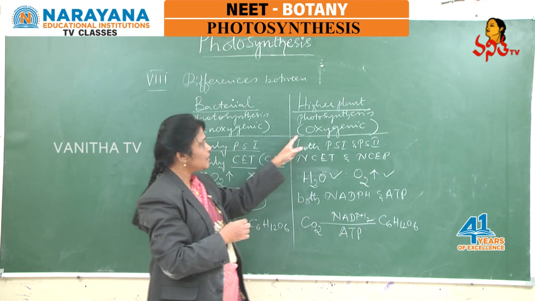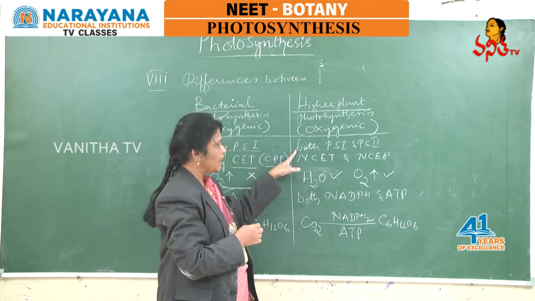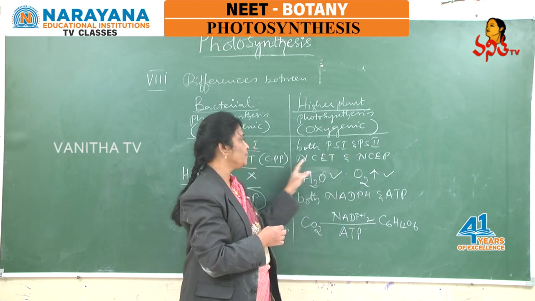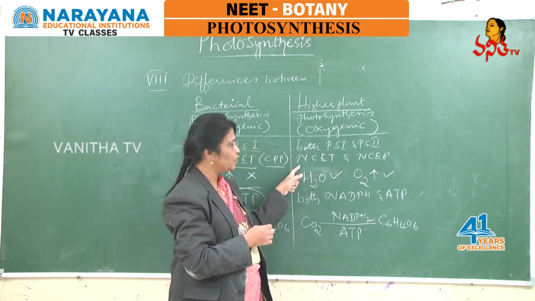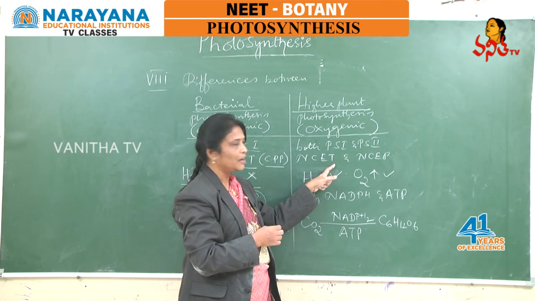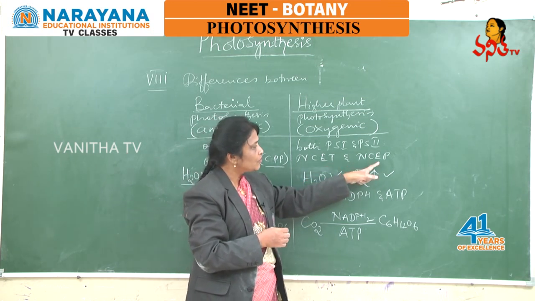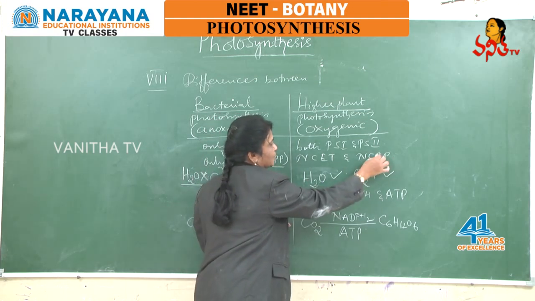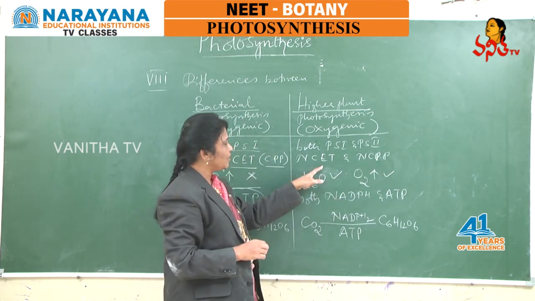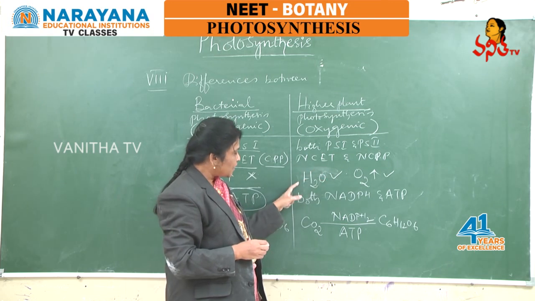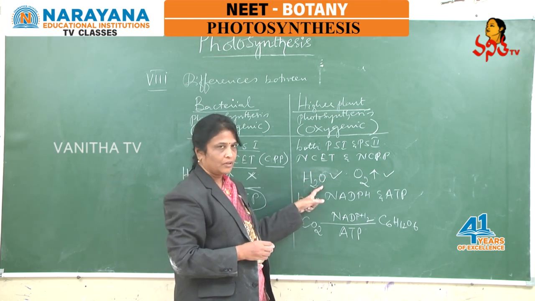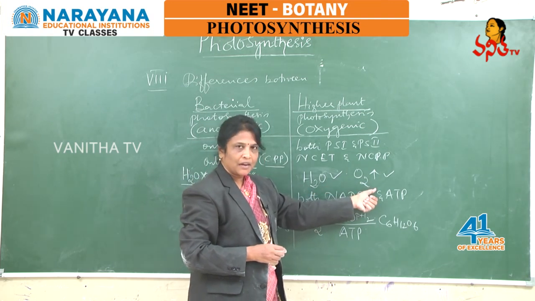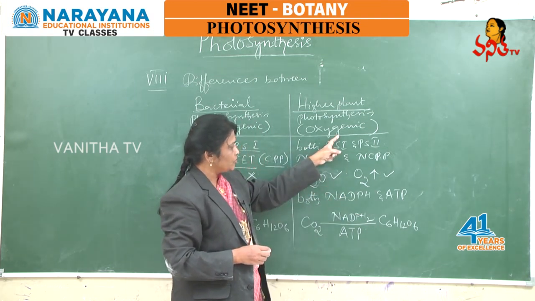Whereas in higher plant photosynthesis, during the light phase both PS1 and PS2 are involved and so the electron transport is majorly non-cyclic electron transport and causes non-cyclic photophosphorylation. Then, due to non-cyclic electron transport and the involvement of water molecules, as photolysis of water takes place, oxygen is evolved as a byproduct, so it is oxygenic.